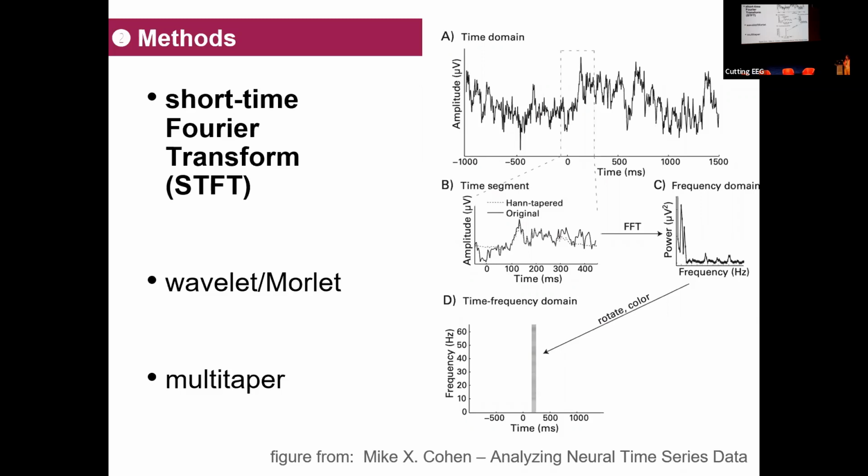You slide a window over the signal, you taper it to attenuate the edges, you compute the spectrum, and the only difference is you don't average. You kind of rotate your plot a little bit and put these numbers, color coded, in as the y-axis, and you do that for every segment of the data.